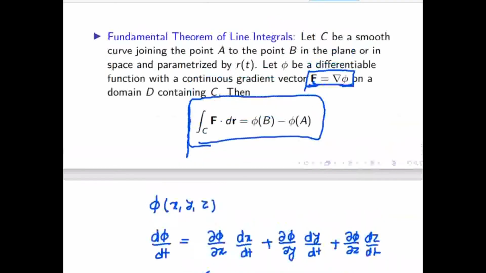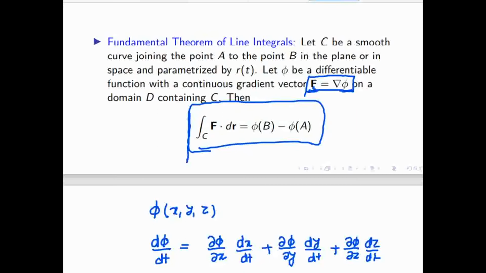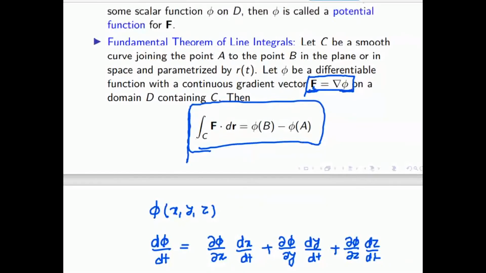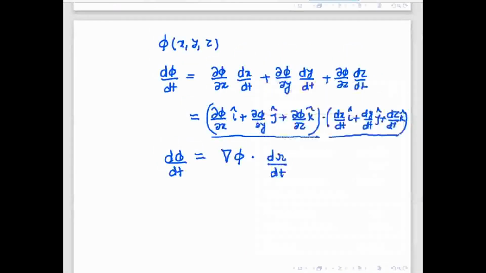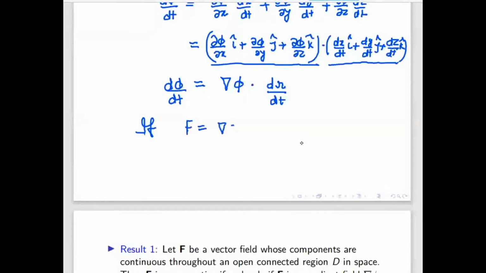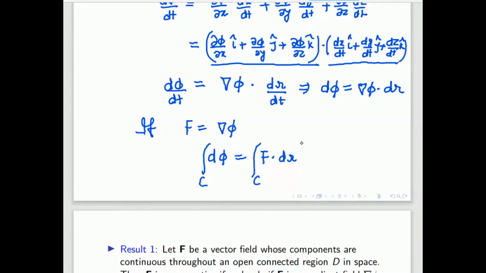In this question it is given f dot dr equals this. So if f equals grad phi, the dt and dt you can cancel and you can write directly d phi equals this dot dr. If this equals f dot dr, then integration of this is integration of this, and if it is d phi, the integration will come phi, and then you can directly apply the upper limit minus lower limit.